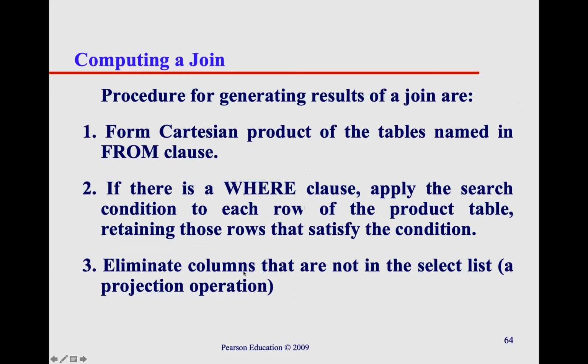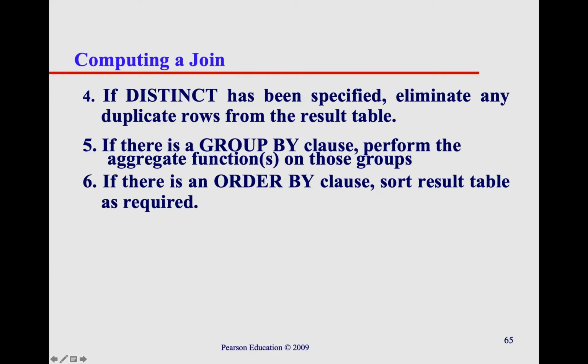Then you eliminate columns that are not in the select list. Then, if distinct has been specified, any duplicate rows are removed. Then if there is a group by, it is next performed and it aggregates the groups. And finally, the order by clause is done.